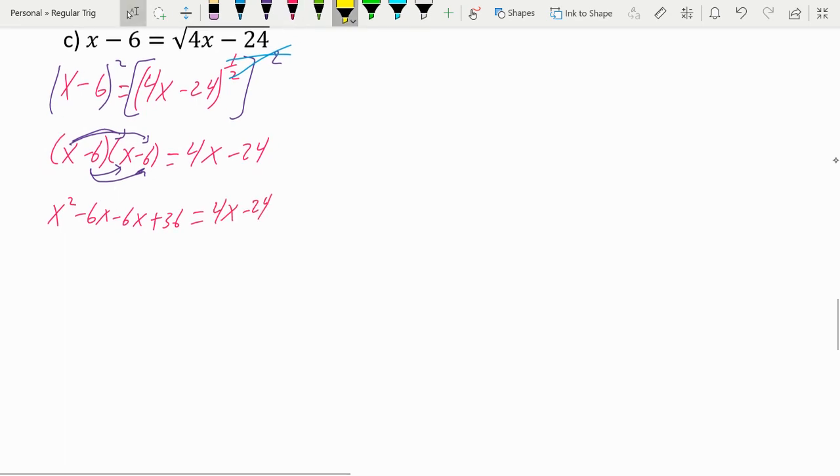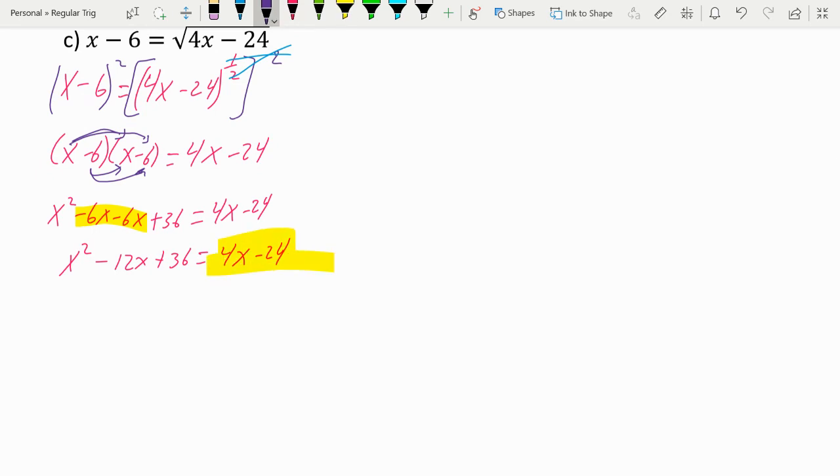All right, like terms. So x squared minus 12x plus 36 is equal to 4x minus 24. All right, again, I need this thing to equal 0. So what am I going to do? I'm going to subtract 4x from both sides, and I'm going to add 24 to both sides.